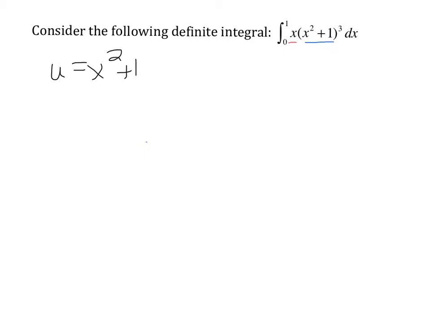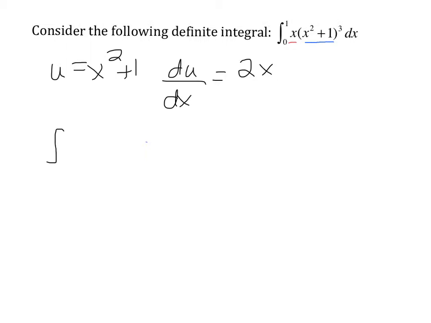No reason not to lump the 1 in there with it. Then we'll get the derivative of u with respect to x, because we're pretty sure we see u's derivative hanging around. So the derivative of u with respect to x would technically be 2x, and we'll start rewriting. We'll see what we need.